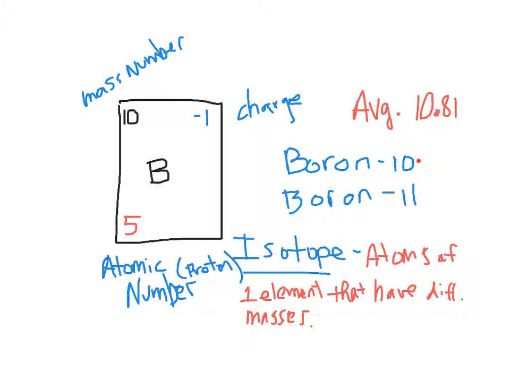Wouldn't 10 and a half, 10.5, make sense? But it isn't, it's 10.81. So I want you to think about how that's possible. How is it possible that a boron 10 and a boron 11, all those together are going to average out to be 10.81? We'll talk about that next time. See ya.